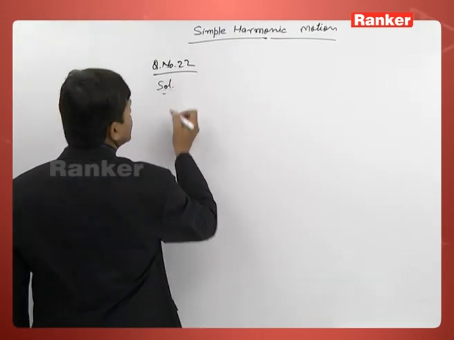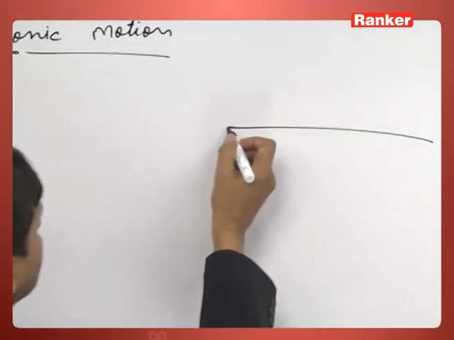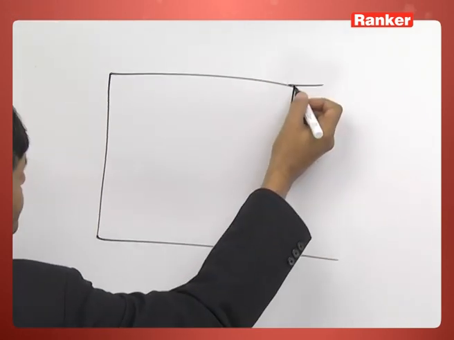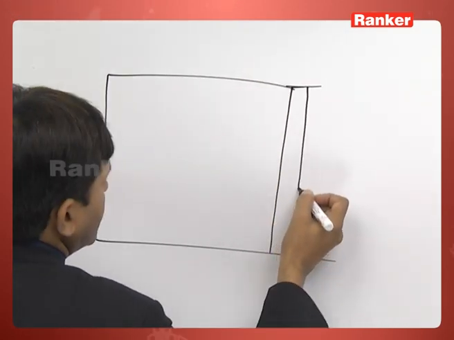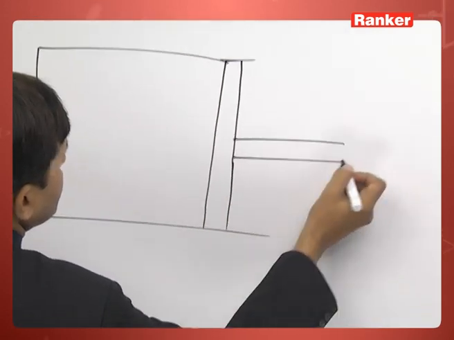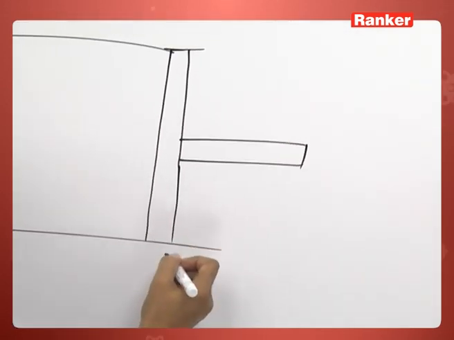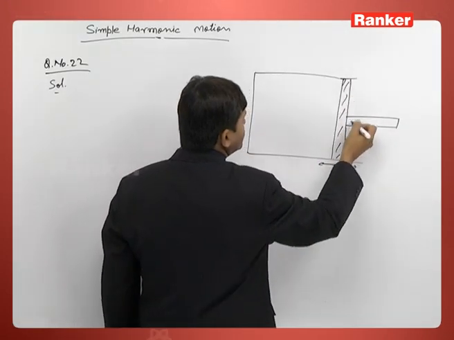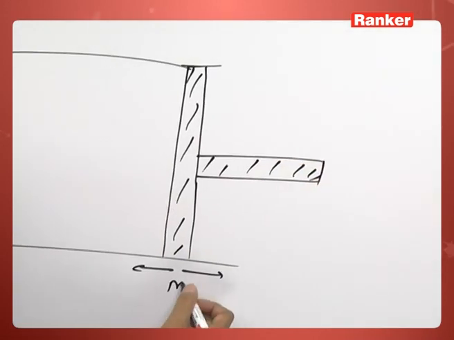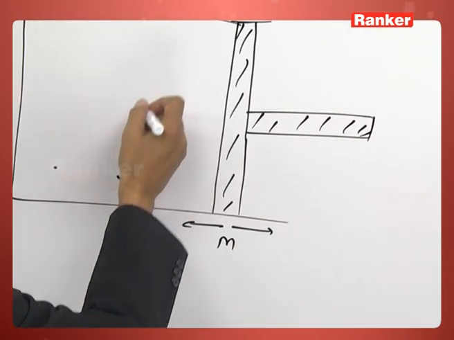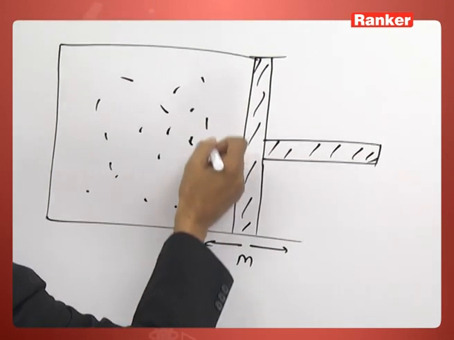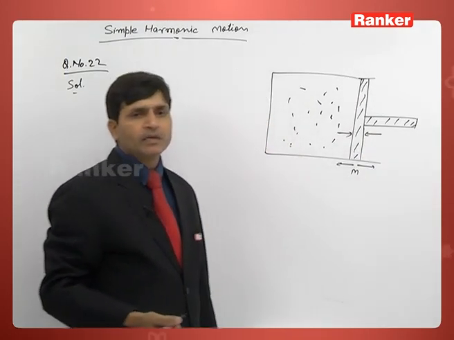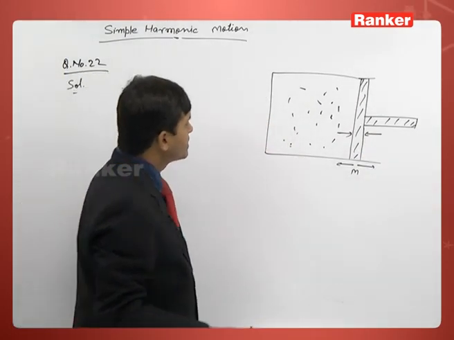Now see this. As per the question here, this is the long cylinder and this is the piston, and this piston can move or vibrate like this. Right now the piston is in equilibrium. It means whatever the pressure of the gas from this side, the same pressure is exerted by the surrounding atmosphere.